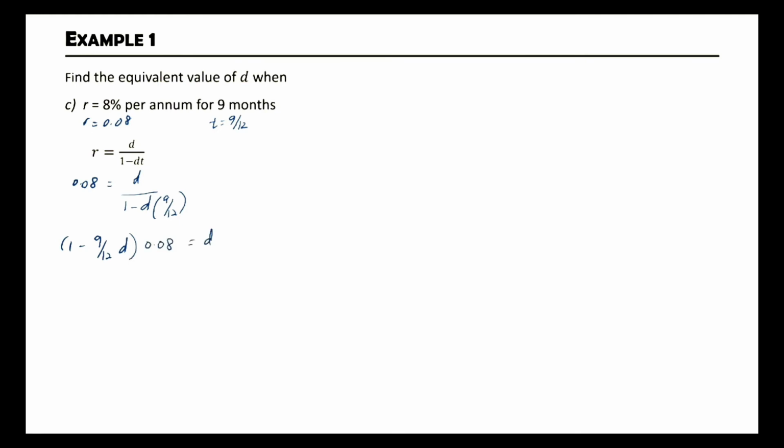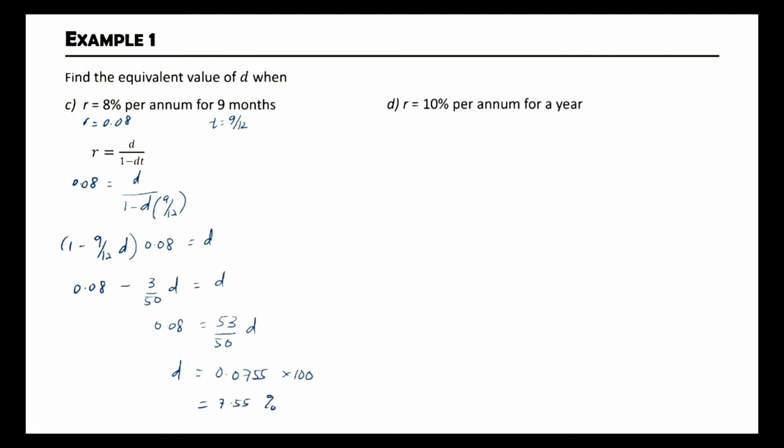Simplify, 0.08 over 0.94 gives 0.0851 times 100, so we have 8.51%.